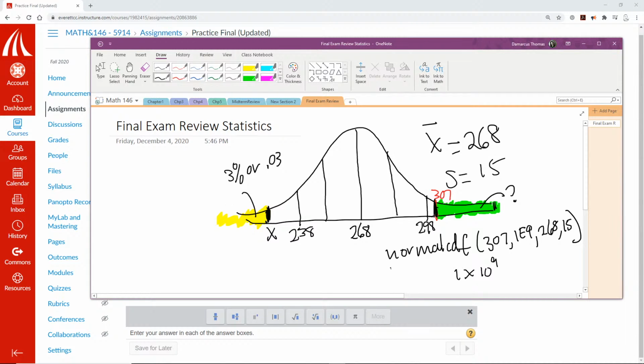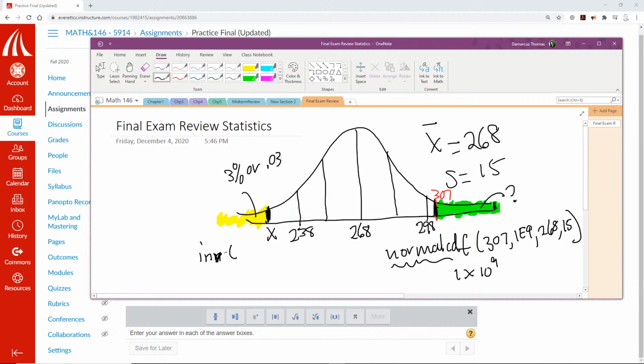Because it's the opposite of the normal CDF, we're going to use the inverse norm function, and inverse norm is when you have the proportion and you need to find the bounds. The way inverse norm works is you need the area to the left of the bound, and that's exactly what we have here. So we could easily figure this out.